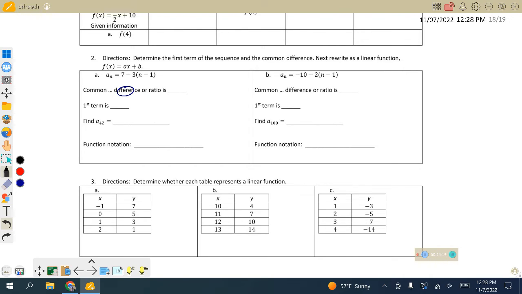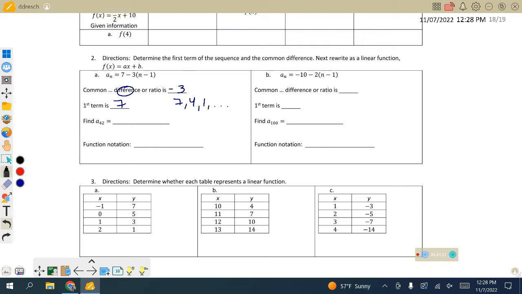It is -3. And what number represents the first term then? So as we did today with the chairs, we start off at 34 and we increase by 8. What's this one doing? It's starting off at 7, and what is it doing? Decreasing by 3, right? So this is what's happening on this sequence.